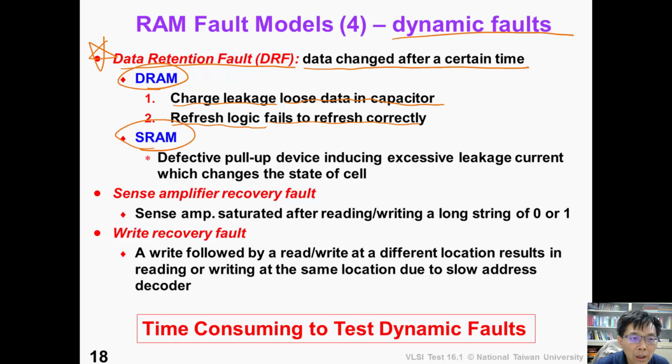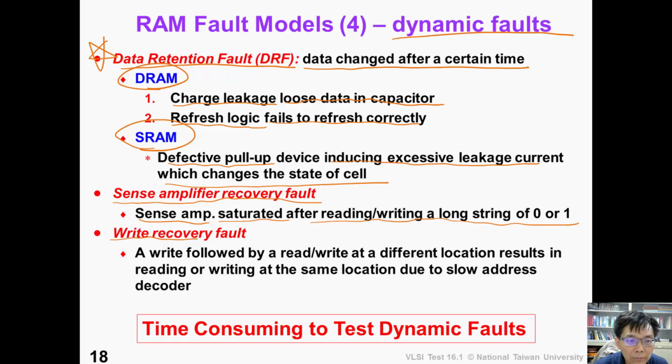For SRAM, it could be caused by a defective pull-up device inducing excessive leakage current, which changed the state of the SRAM cell. And there are also other dynamic faults, such as sense amplifier recovery fault, which means the sense amplifier is saturated after reading or writing a long stream of zeros or a long stream of ones.